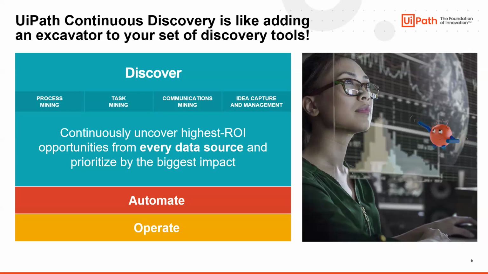But process mining cannot help you understand the desktop level information. For example, how that particular process is actually being performed by your users, your employees, on their desktop, which application they are opening, which screen they are navigating to, or maybe if they are opening Outlook, or fetching data from a certain document. This you cannot understand from process mining. For that, task mining comes into action.